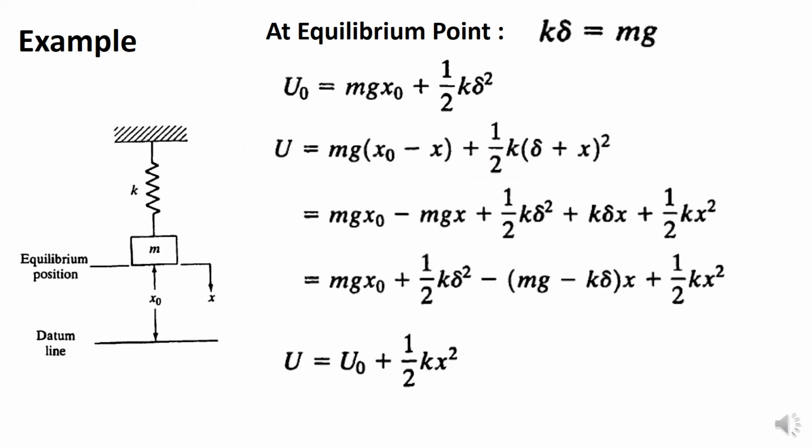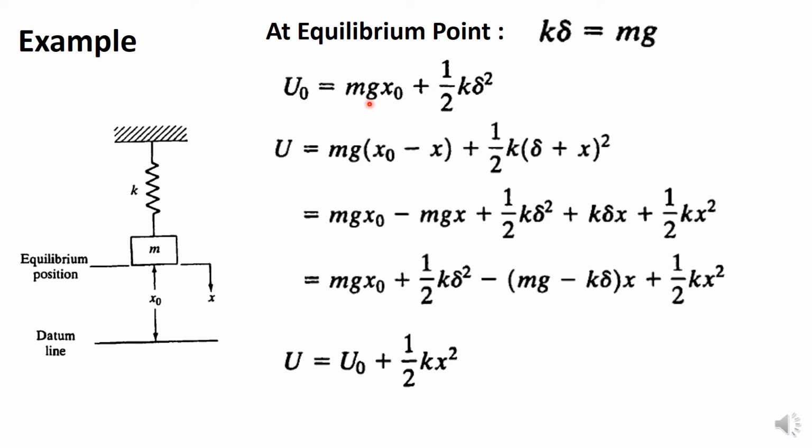It is identical to the equation for the element mass. We already know how to derive the governing equation for this system before. Now, if we use the other energy method, assume the displacement, the deflection, equals mg over k, and so we can know the potential energy U0 here.